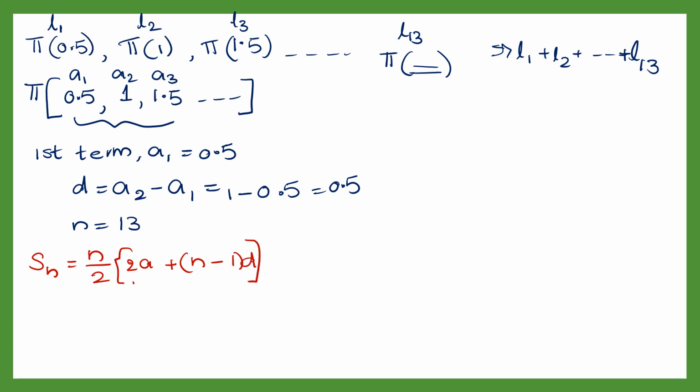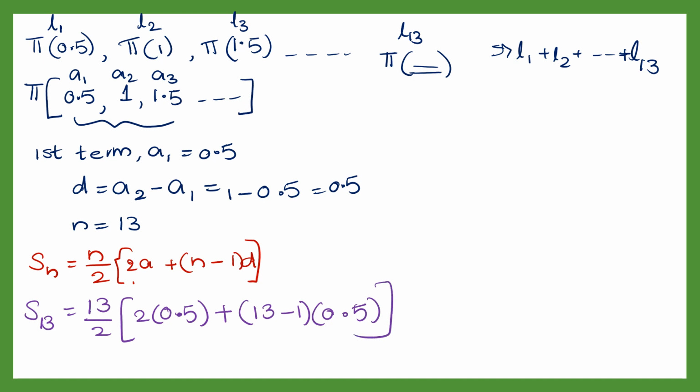Now substitute in this formula. n is 13, so S13 is equal to 13 by 2 into 2a, where a is 0.5, plus 13 minus 1 into the common difference 0.5. The first term is 0.5 and the common difference is 0.5.